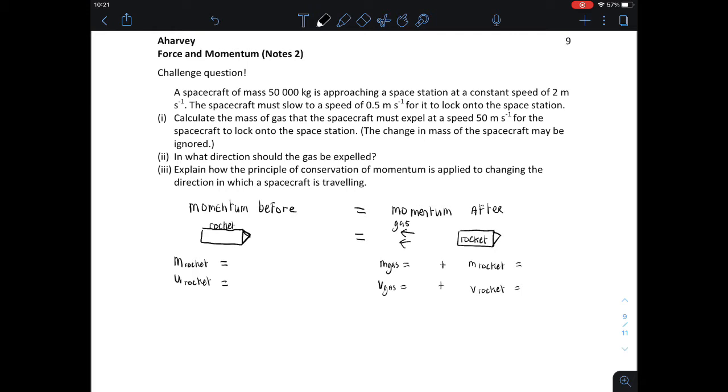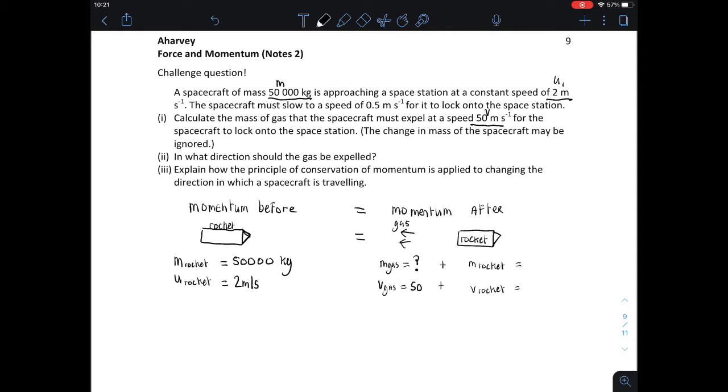Okay, now we've written out what we need to find, let's read the question and fill in the values that were given. So we know the mass of the rocket is 50,000 kg. I know that the speed of the rocket before the collision is 2 meters per second. I don't know what the mass of the gas is, that's what I'm looking for. I know that the velocity of the gas is 50 meters per second.